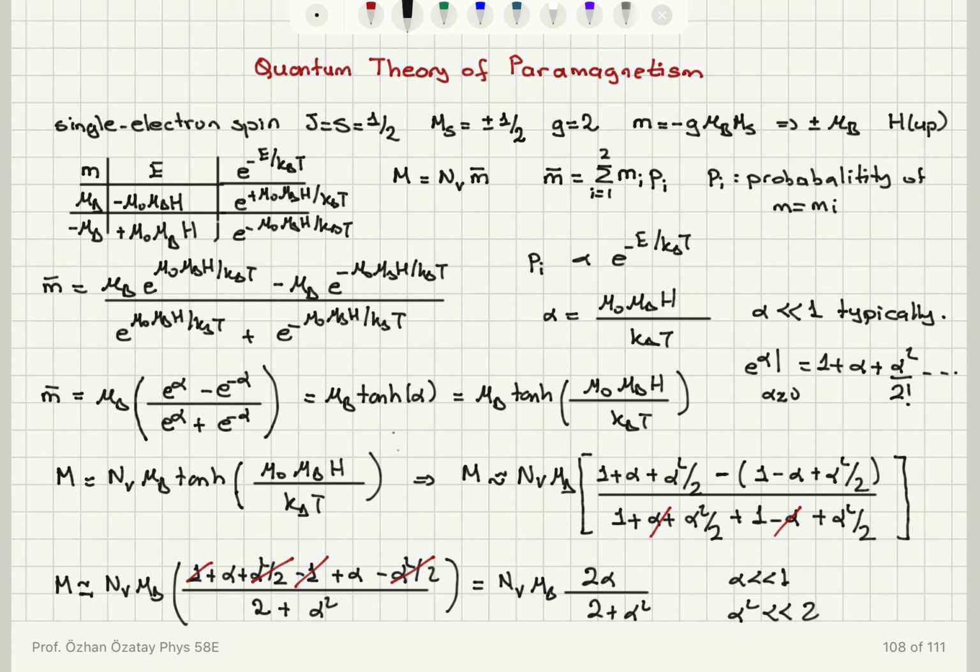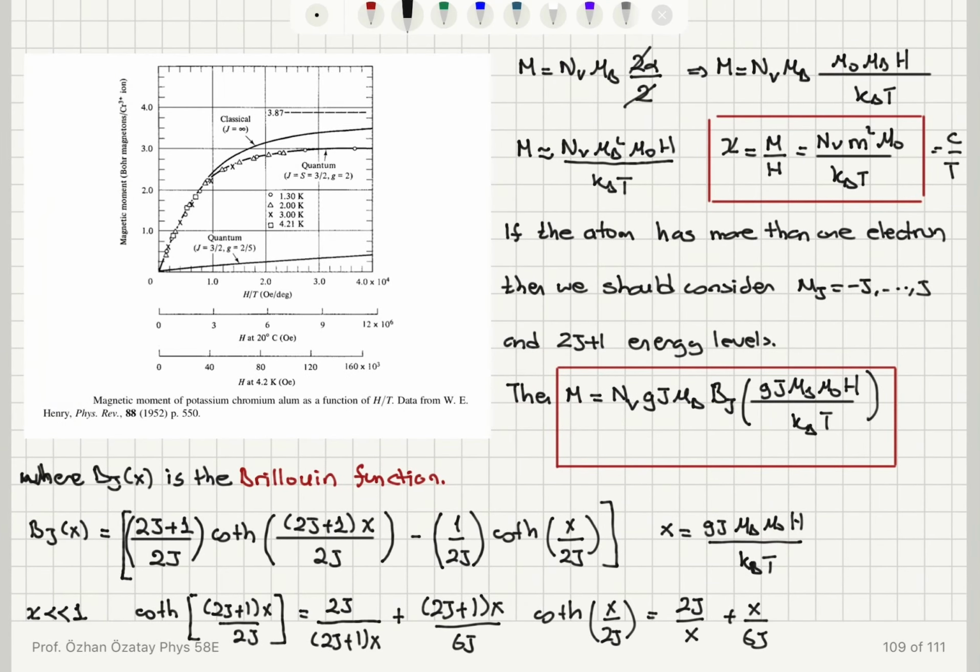And so we can use the exponential expansion of e to the alpha around alpha equals 0. With this approximation, we can obtain the susceptibility to be number density, number of atoms per volume, times m squared, the magnetic moment per atom, which is the single electron spin, multiplied by mu_0 over k_B T. So that is in the form of C over T, so this is obeying Curie's law.